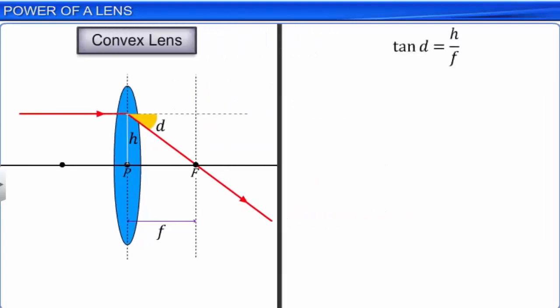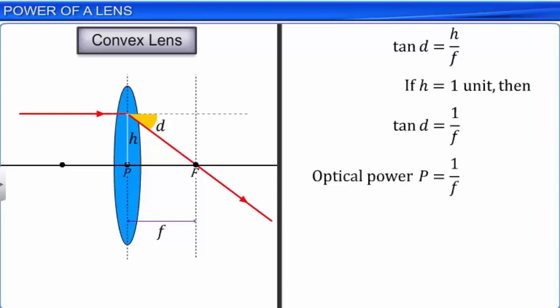But as per definition, tan d for h equal to 1 unit is the power of the lens. Therefore, optical power P is equal to 1 by f. That means optical power of a lens is the reciprocal of its focal length. The SI unit of optical power of a lens is dioptre and is indicated by D. Power of lens is 1 dioptre if its focal length is 1 meter.